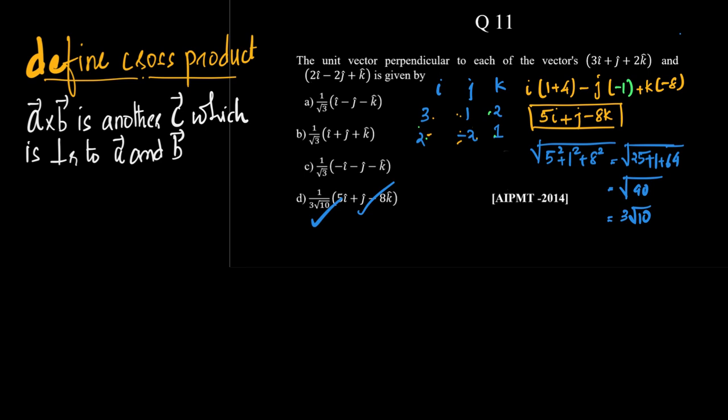Say, if this represents vector A and if this represents vector B, then what is the cross product? It is another vector like this, which is perpendicular to both these vectors. So this vector C is what we call vector A cross vector B.